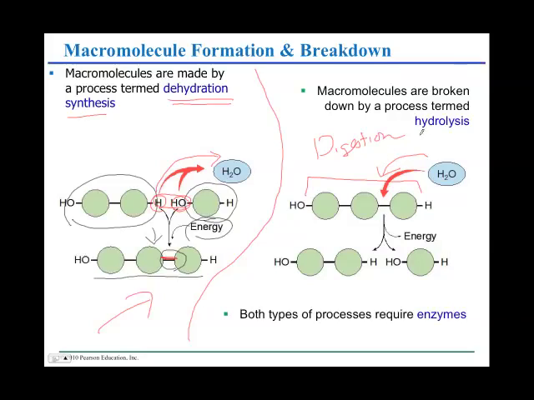There's water added to the system. In turn, energy is released and they separate. The term for this is called hydrolysis. And enzymes, which are proteins, are needed to complete this process.